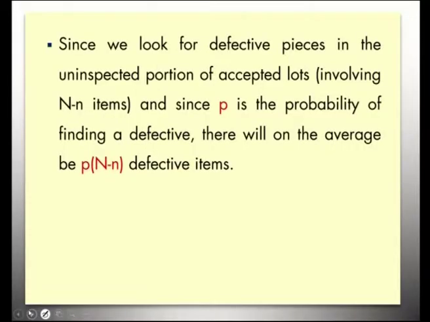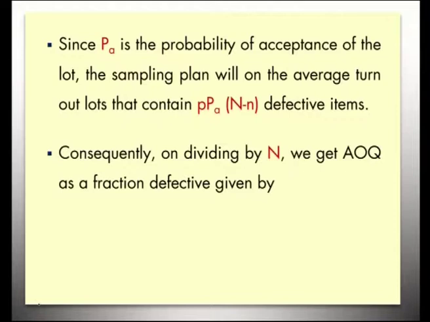Now, since we look for defective pieces in the uninspected portion of accepted lots involving N minus n items, and since P is the probability of finding a defective, there will be on the average P into (capital N minus n) defective items. Since PA is the probability of acceptance of the lot, the sampling plan will on the average turn out lots that contain P into PA into (N minus n) defective items.